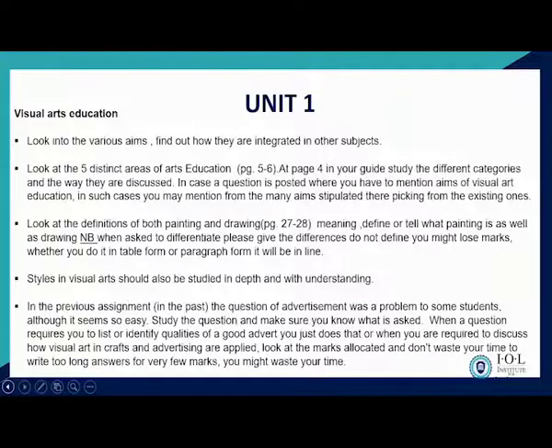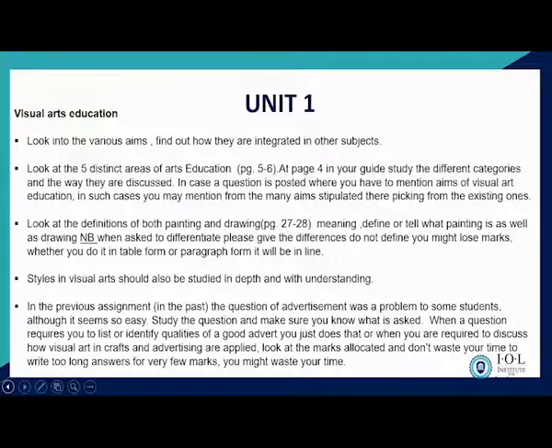So what does the question exactly ask? When a question requires you to list or identify qualities of a good advert, you just do that.